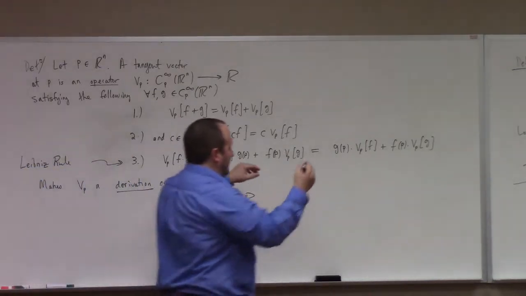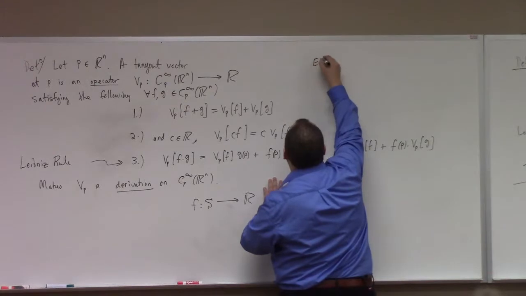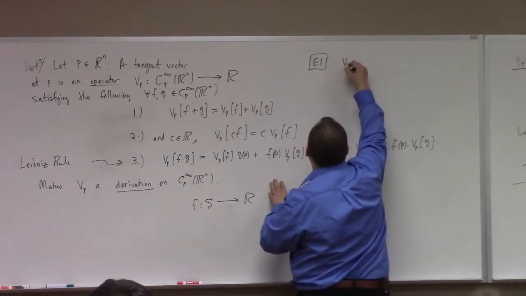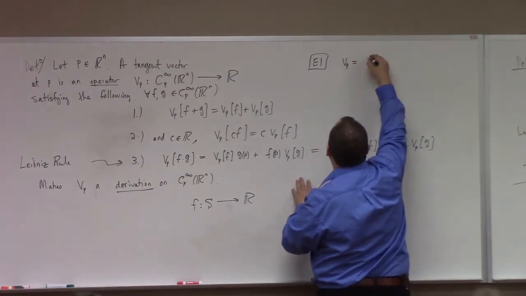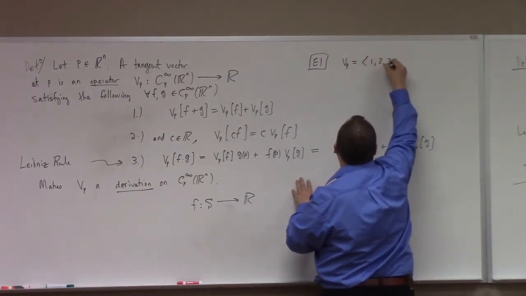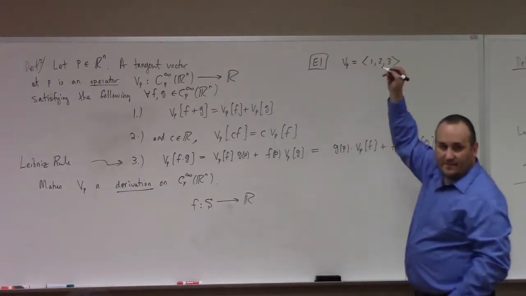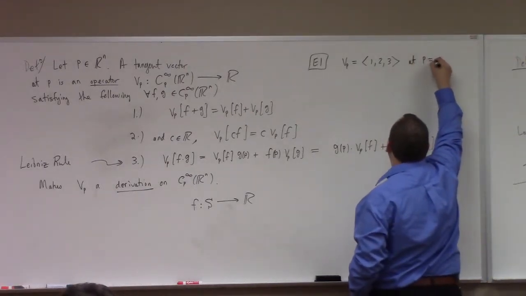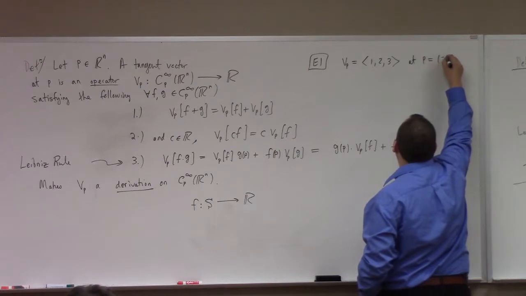Let's look at an example here. So we could have VP be like (1, 2, 3), and let's say at P equals (4, 5, 6).